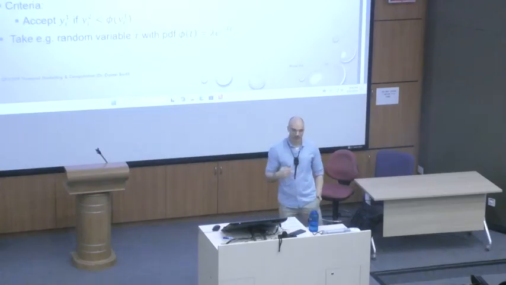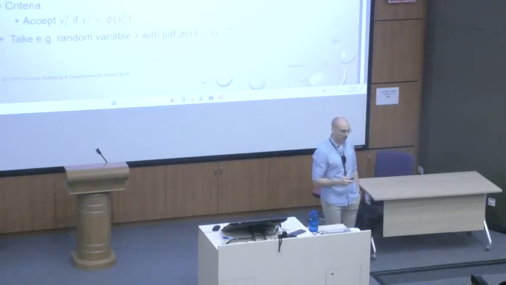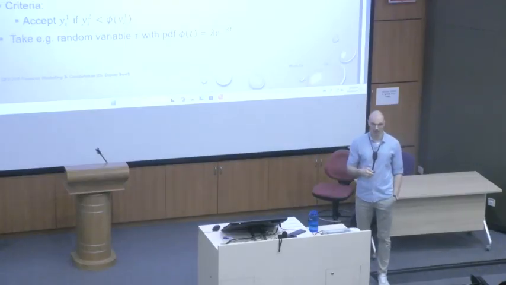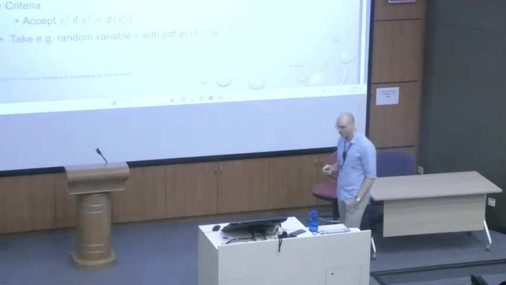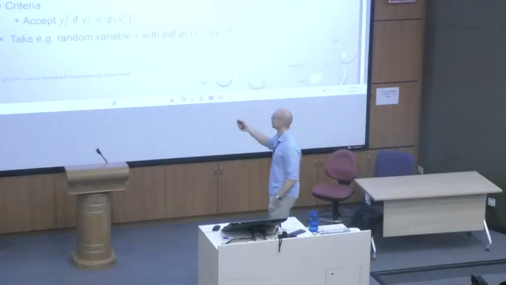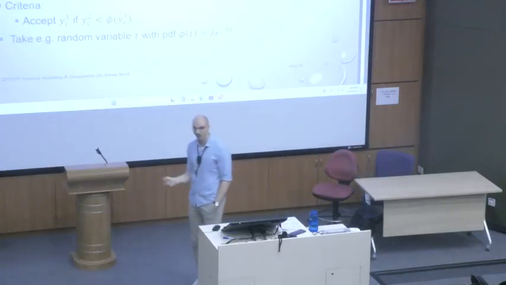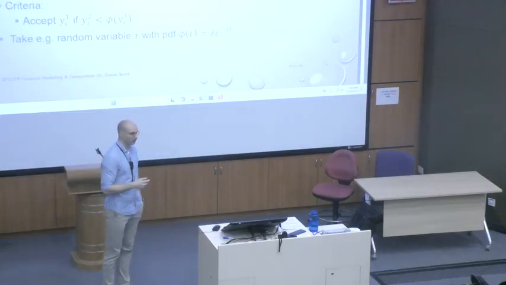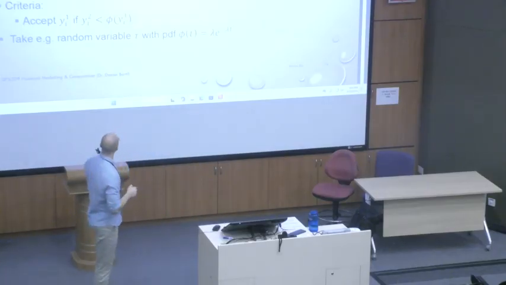And one class of such methods are called acceptance rejection-based methods. This is arguably the simplest of these methods. We will see one more complicated later on in the d-dimensional case. But this is still one-dimensional.